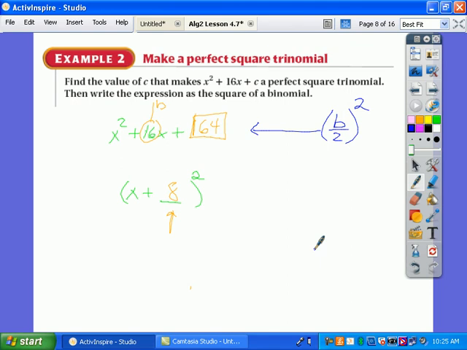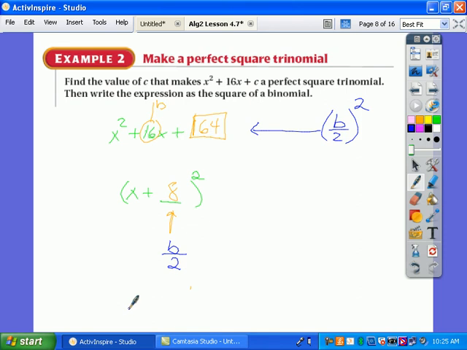So whatever b is, we divide it by 2 and square it, and that's the number that will go in the box. And this number here is just b divided by 2.